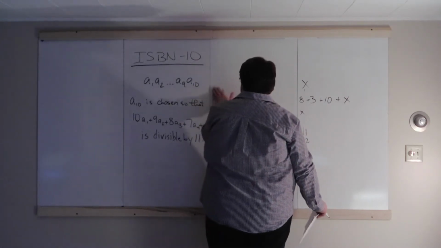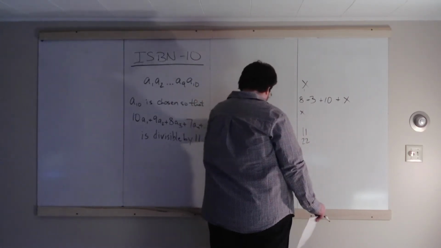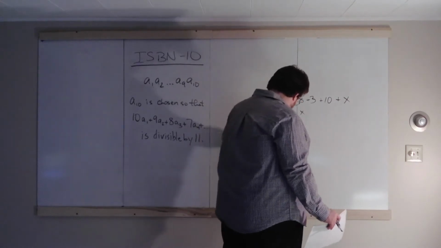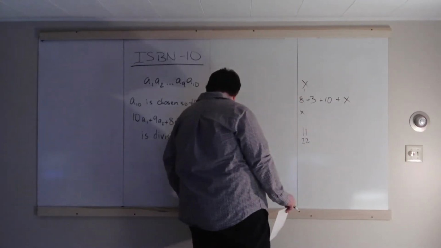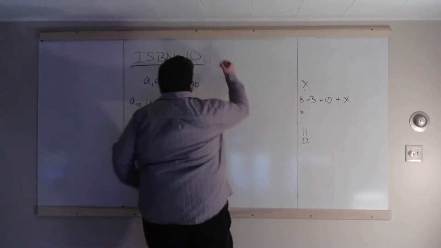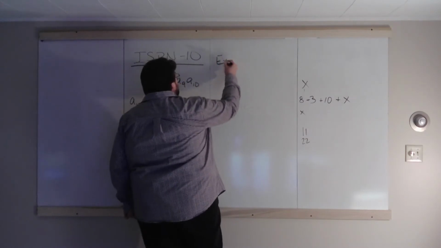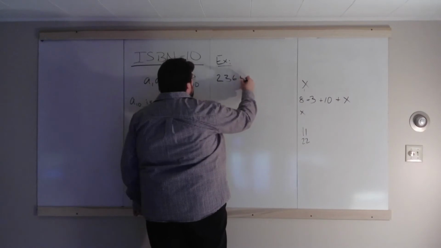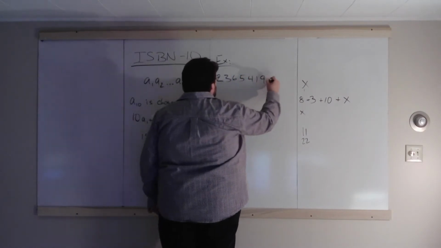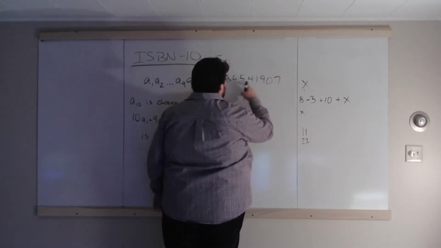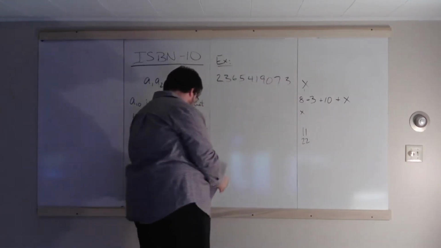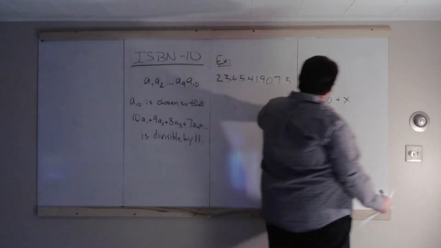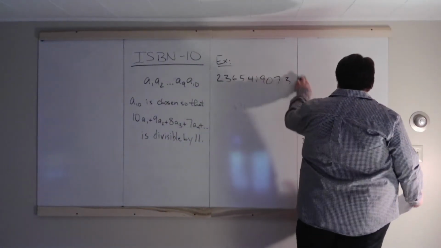Let's do this: check if this number is a valid ISBN number. So example, check if this is a valid ISBN number. 236541907. Check if this is a valid ISBN 10 number.